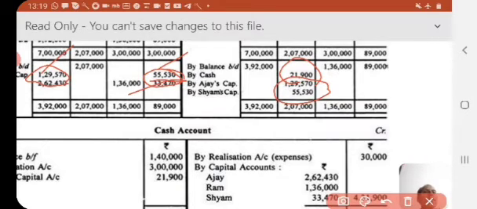And the remaining amount, 129,570, is borne by Mr. Ajay, and 55,530 is borne by Sham, because these two partners have the credit balances.